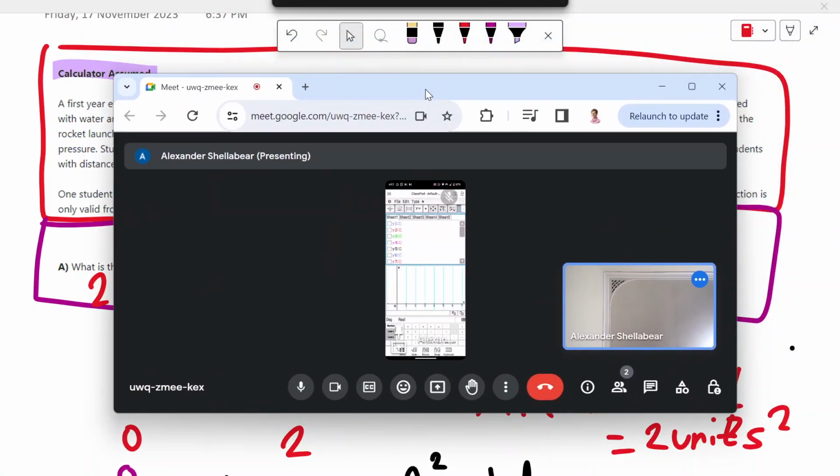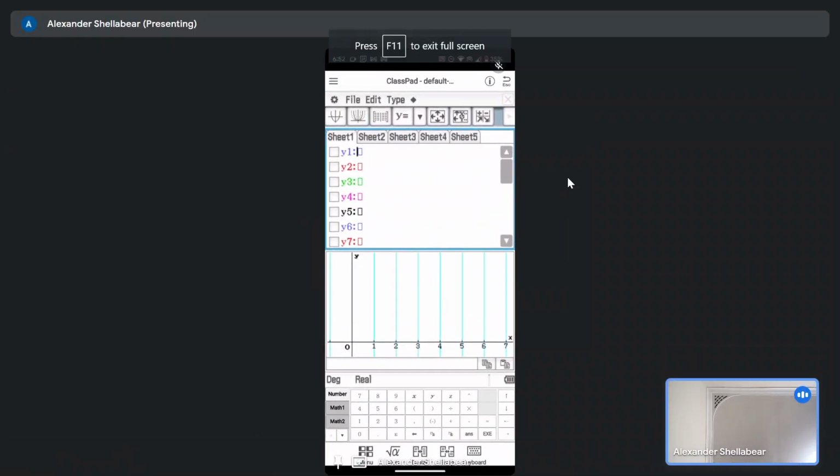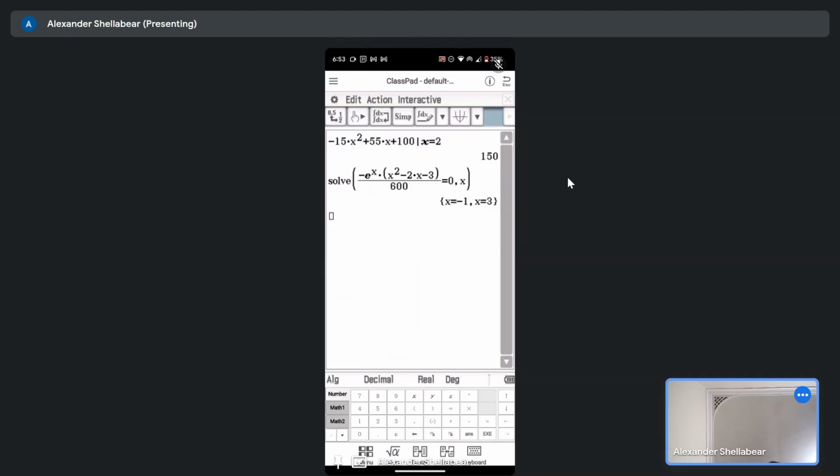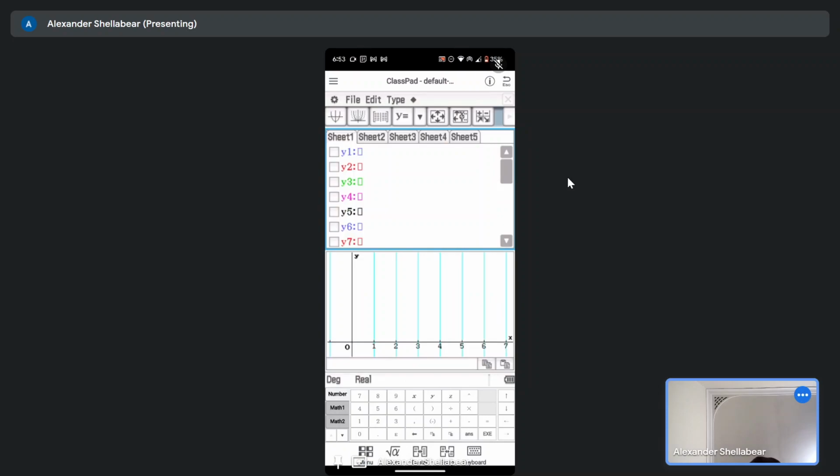So, good thing I've got a calculator working here. What we can do is go to main or menu, and we want to go to graph and tab here. So we will need to punch in our values.